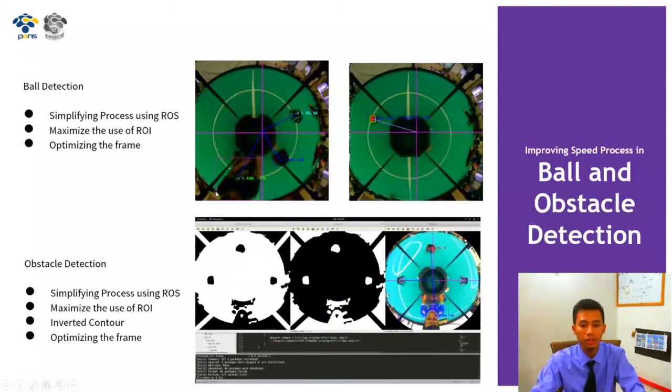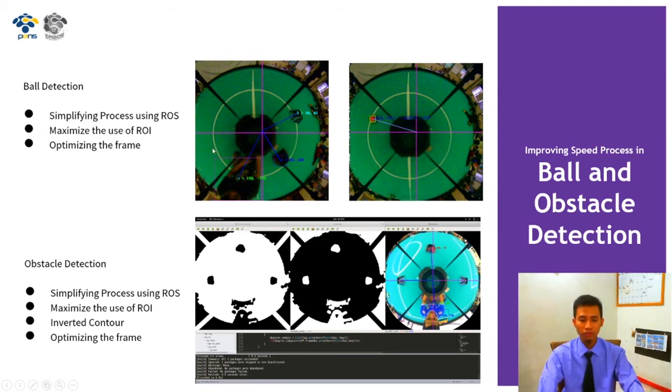In ball detection, I simplified the process using ROS, so the process becomes fast. Then I maximized the use of region of interest.